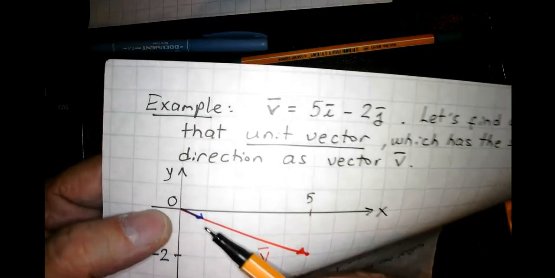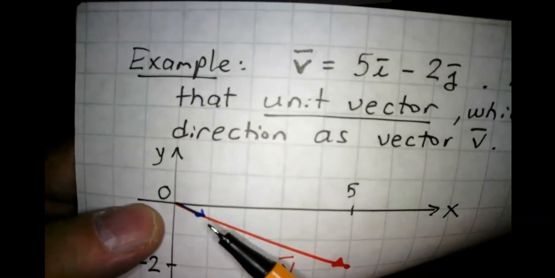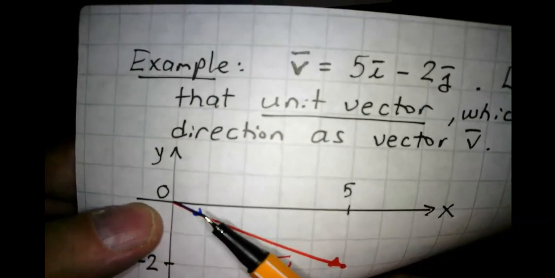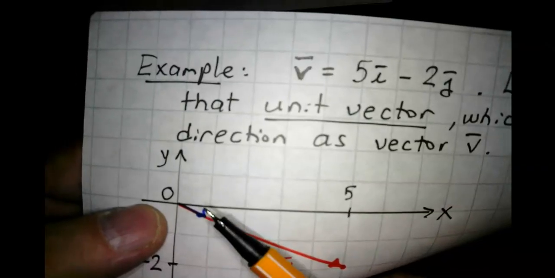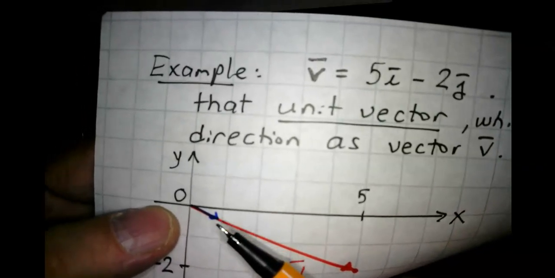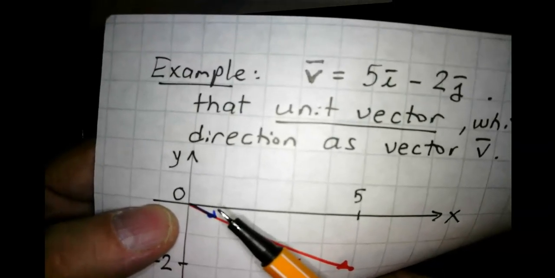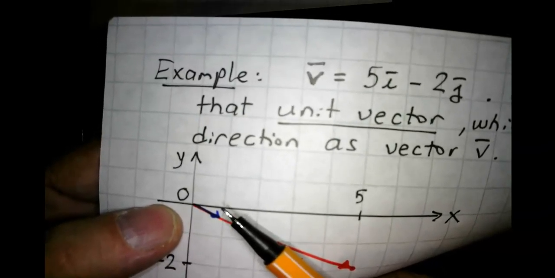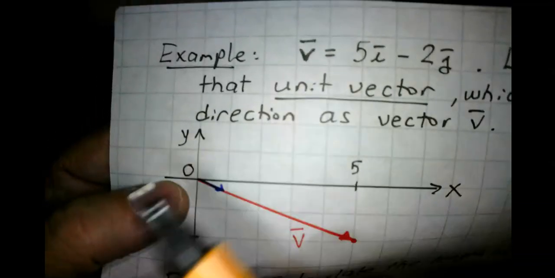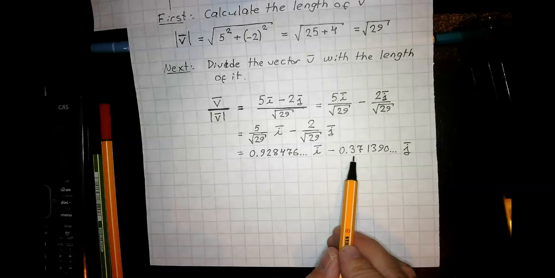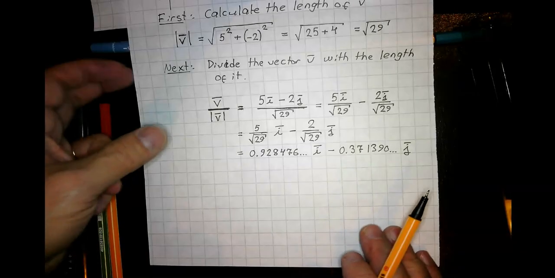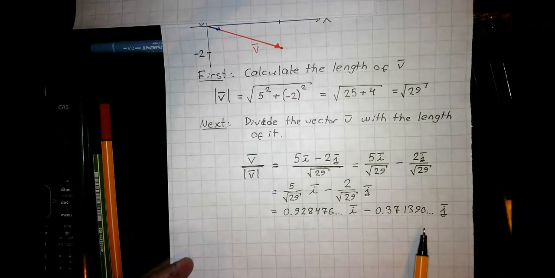From this figure, we may approximate that it may be maybe 1/3 units, so about 0.33 from this very bad drawing. And now we see that we calculated it will be 0.37. So my drawing is quite near the answer I got from the calculation.